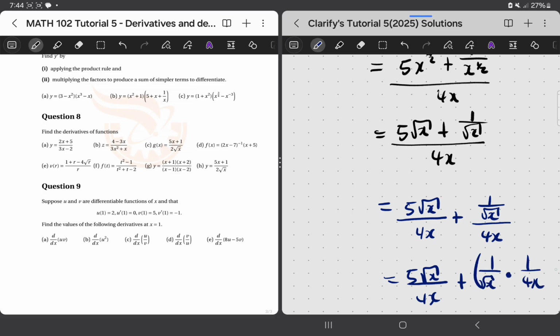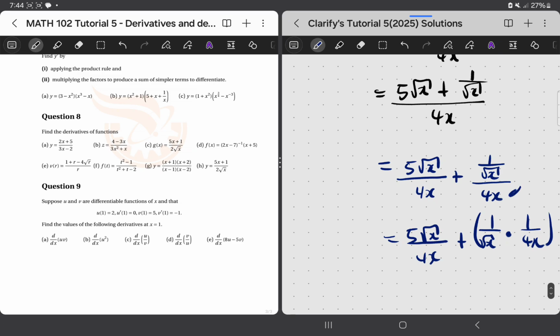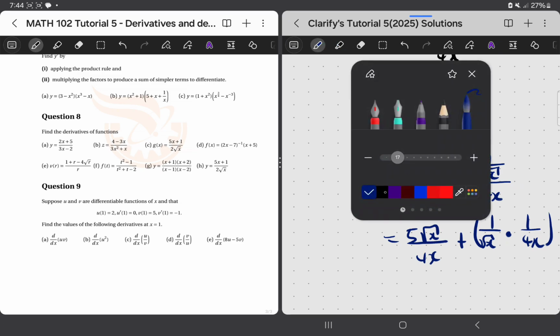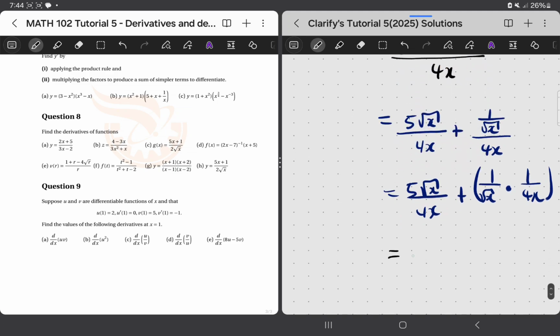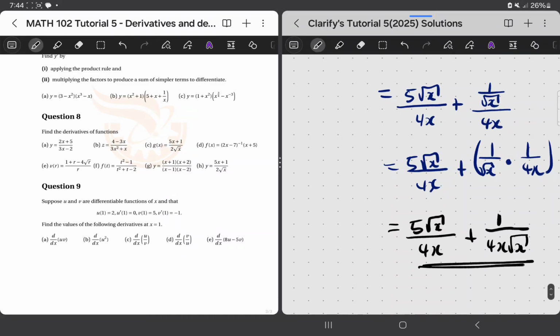You multiply by the inverse of the guy in the denominator. The inverse of 4x is 1 over 4x, so we multiply by that. So we'll end up having 5 root x divided by 4x plus, here we have 1 times 1 is 1 all over root x times 4x, which will be 4x root x. This is going to be the final solution, and you could leave it like this.